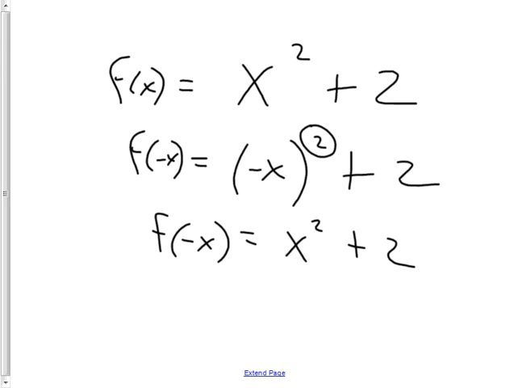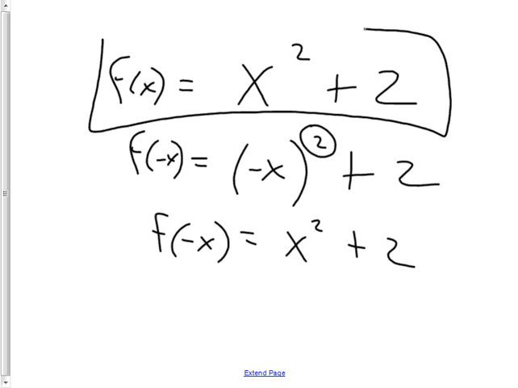Now, what did I just figure out? I figured out that f of x was x squared plus 2. Yes, it's a lot like that. Yes, very good. Okay, this is me figuring out I'm sticking a negative into this function.